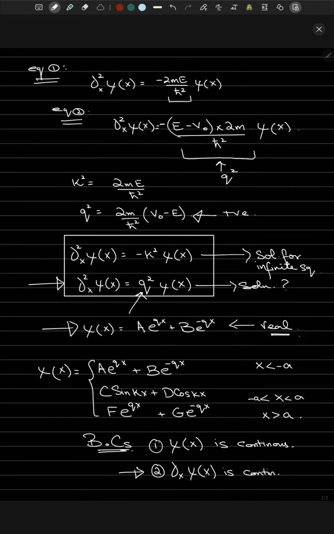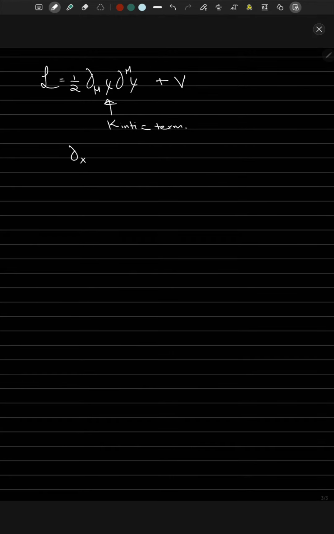And so again, in this case, a partial derivative of psi of x, which is partial x of psi, would represent the kinetic energy of this system that we are talking about. And if your potential v of x is infinite at some point, then this implies that the partial derivative of psi with respect to x cannot be continuous.